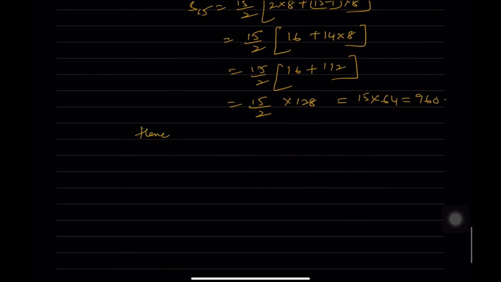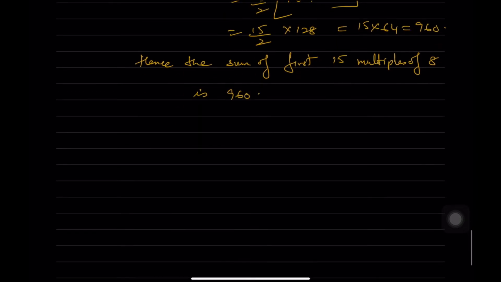Hence, the sum of first 15 multiples of 8 is 960.